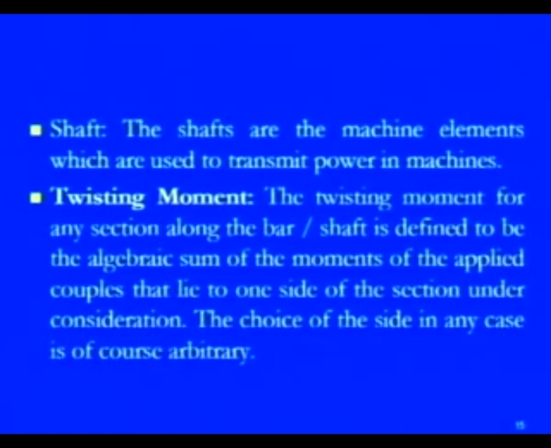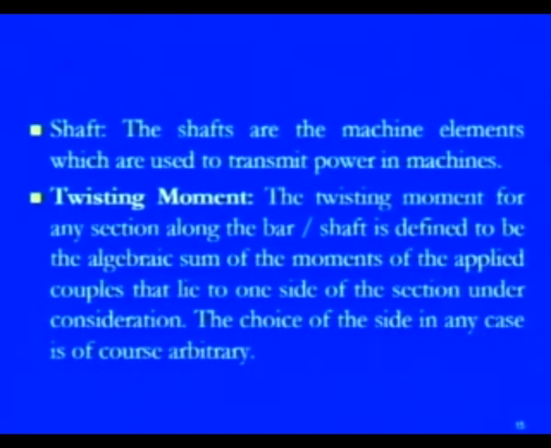But now you see there are different kinds of moments as well. We cannot say that only the torque gives the shearing stresses. What is the meaning of twisting moment? The twisting moment for any section along a bar or shaft is defined as the algebraic sum of the moments, the couples applied, that lie on one side of the section under consideration.